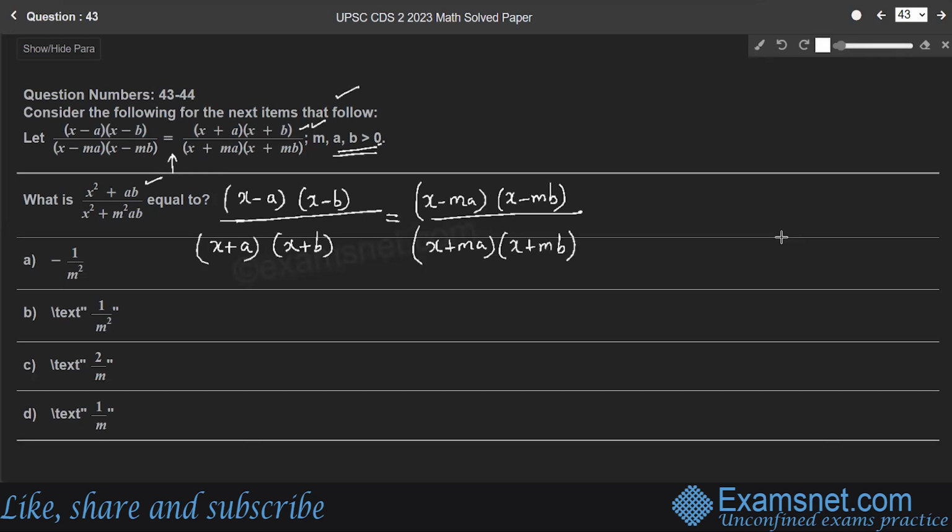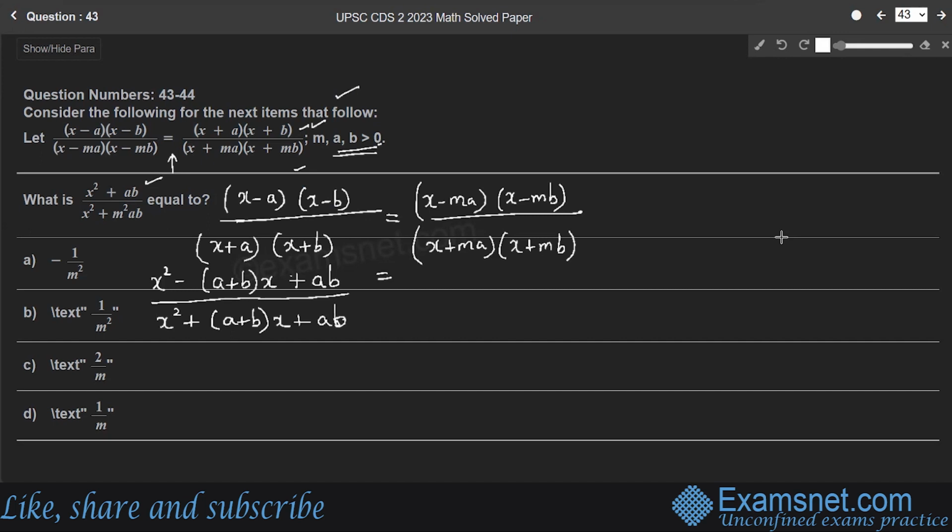So let us expand these terms. X minus a into x minus b is nothing but x square minus a plus b into x plus ab, whole divided by the denominator, x square plus a plus b into x plus ab.